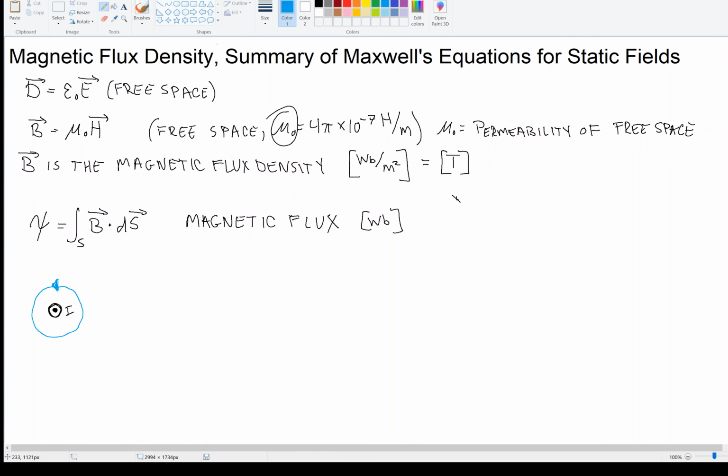So you can imagine from the right hand rule, you point your thumb in the direction of current, which is coming out at you, and then your right hand fingers would curl in the direction of the magnetic field intensity. So that's counterclockwise. So that's also the direction of B, being that they're parallel, and so we would call that a magnetic flux line.